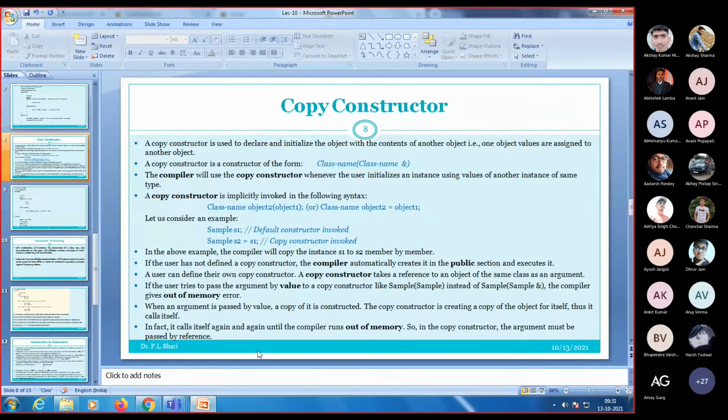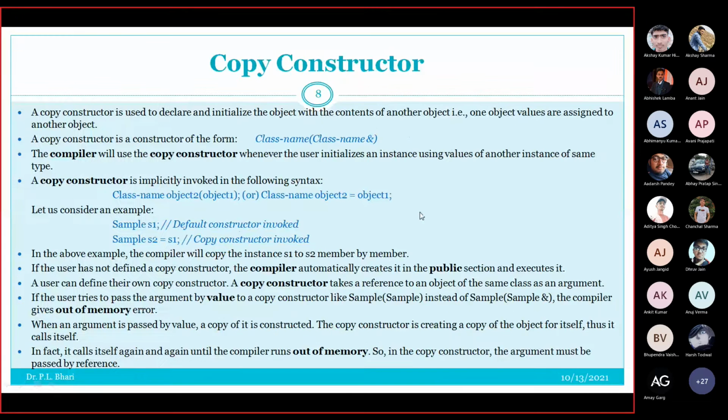So now I think some points are clear to us. Now we can discuss the theoretical terms. If we talk about the theoretical terms, then there will be an initial structure, that is, the syntax: class name, and class name with address sign.